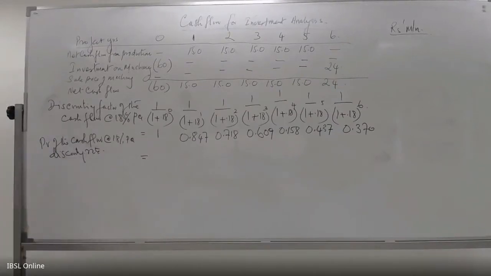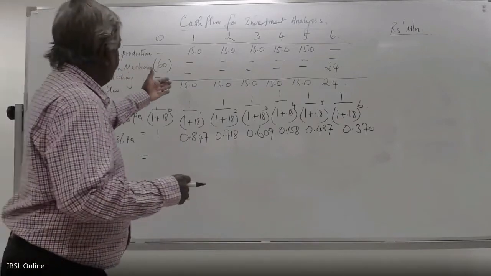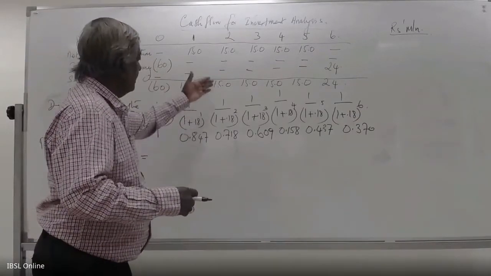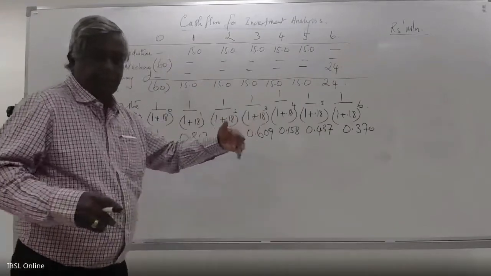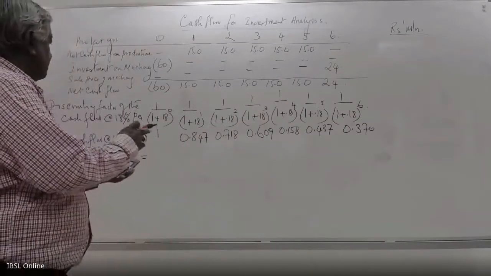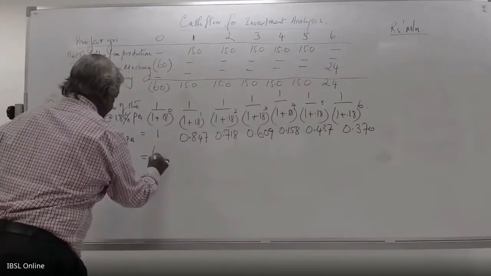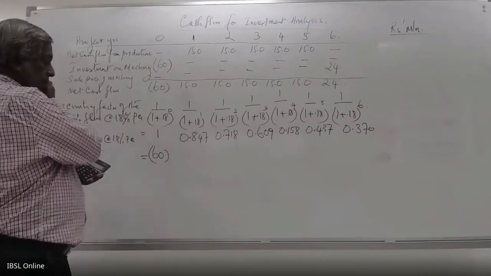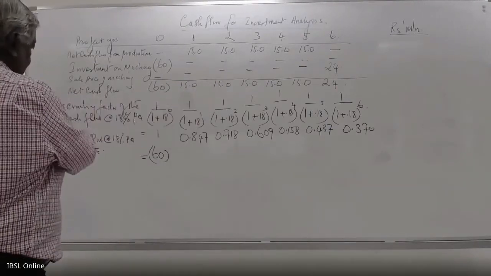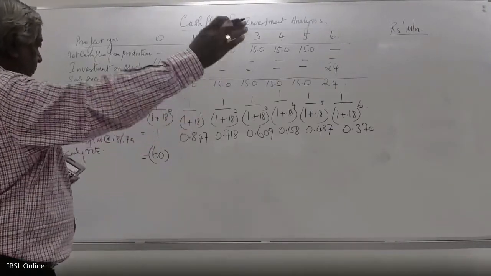Because the discounting rate differs, the discounting factor also differs, so you have to mention what the discounting rate is. So multiply 15 by 0.847, multiply 15 by 0.718, the respective discounting factor. Here it is 1, so it is minus 60. All these are going to be the present value now.